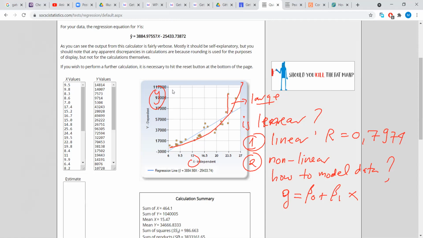Actually g is learn y, and compute the correlation coefficient. Any questions? I still don't get it.